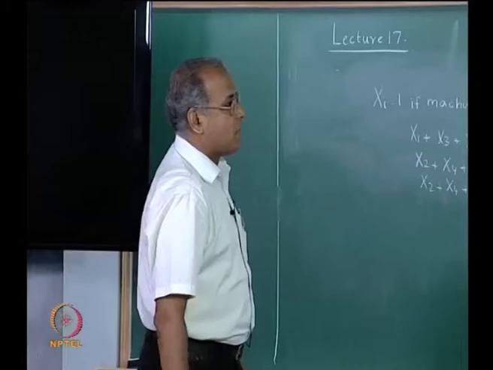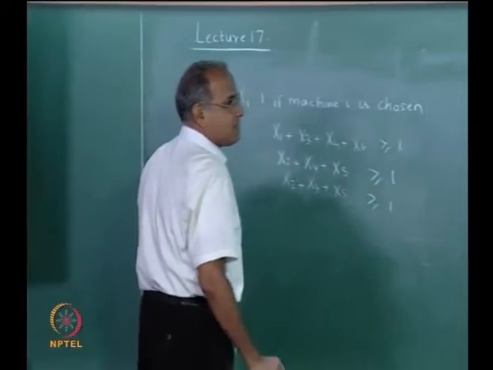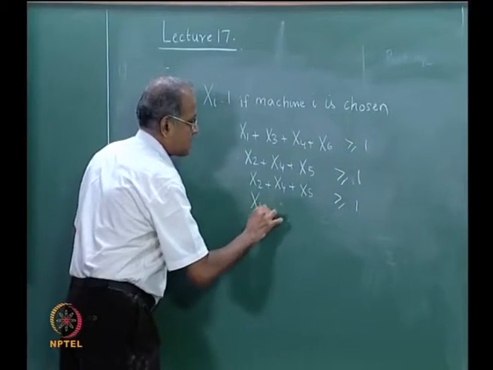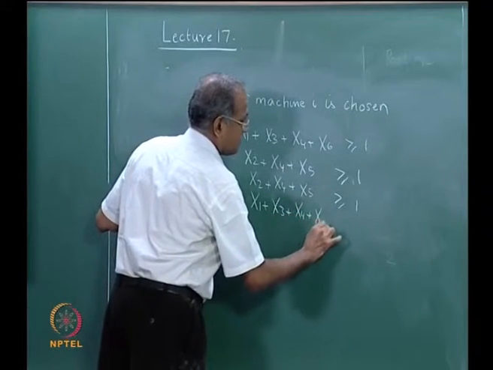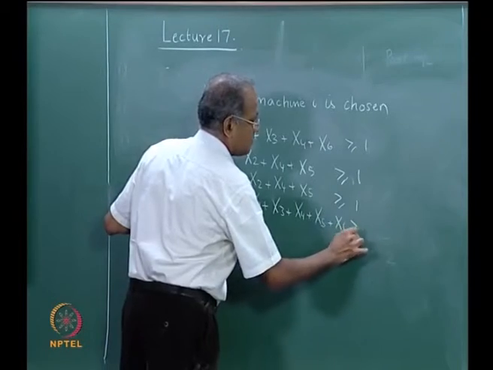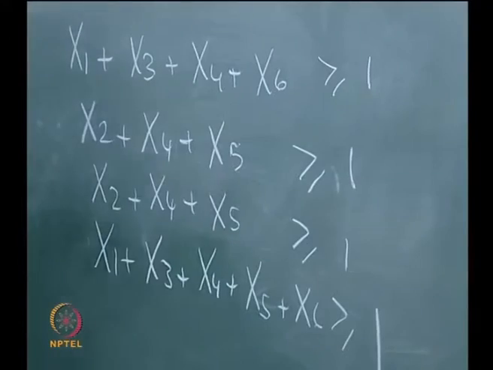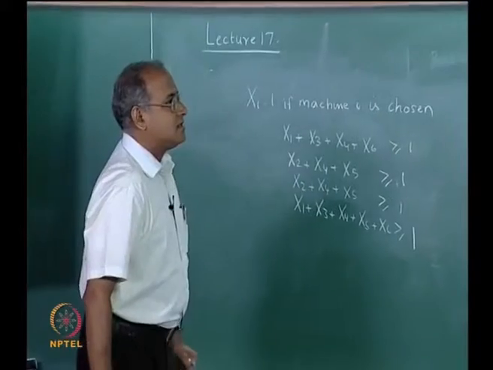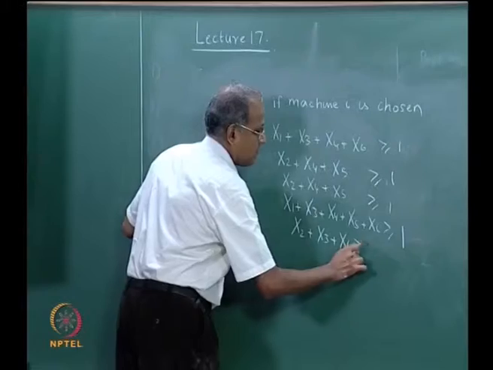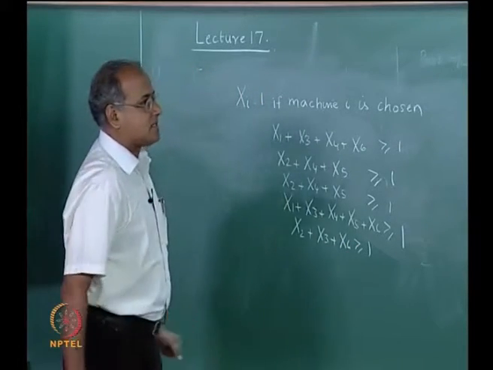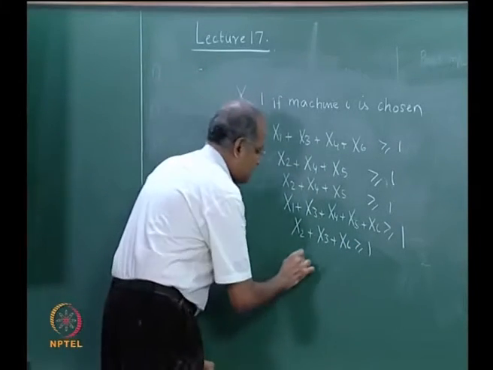To carry out the fourth operation, x1 plus x3 plus x4 plus x5 plus x6. The fifth operation, 2, 3 and 6, and the last operation, 1, 2, 3, 5, 6.